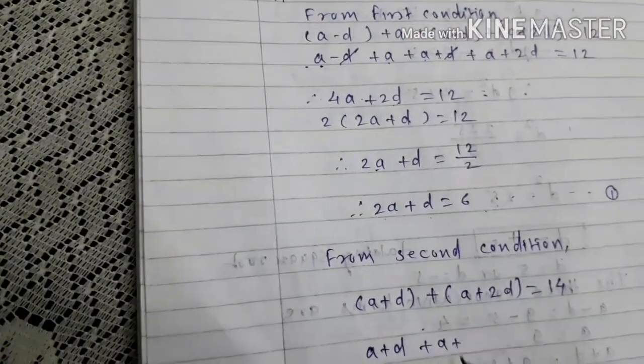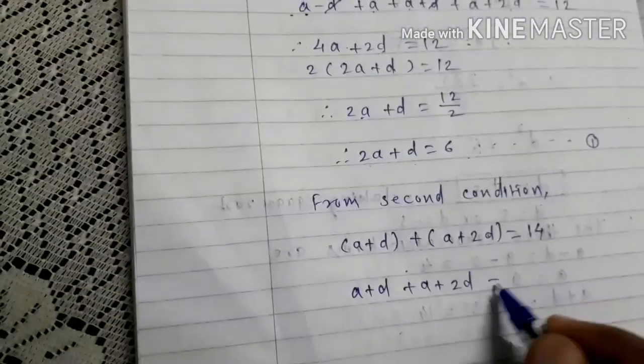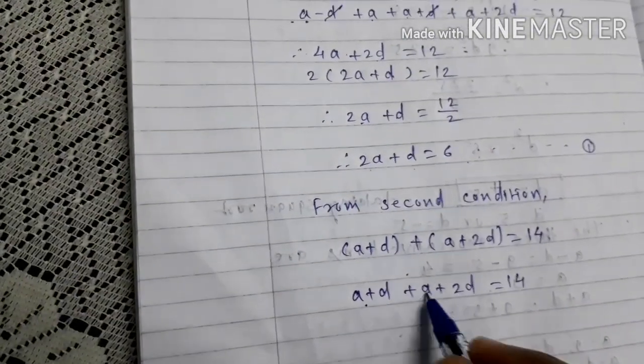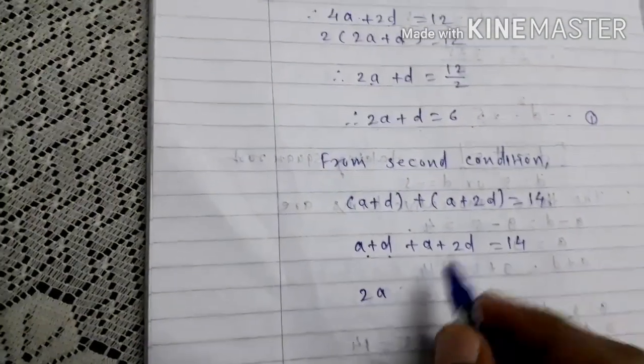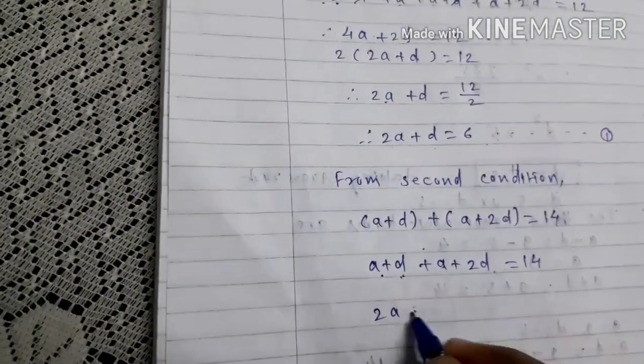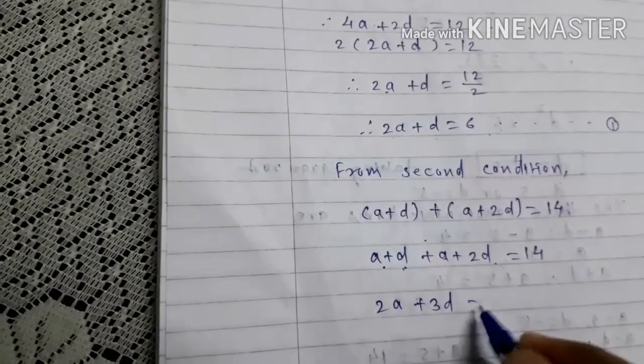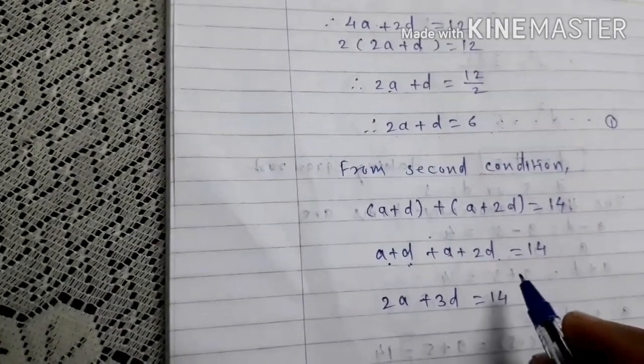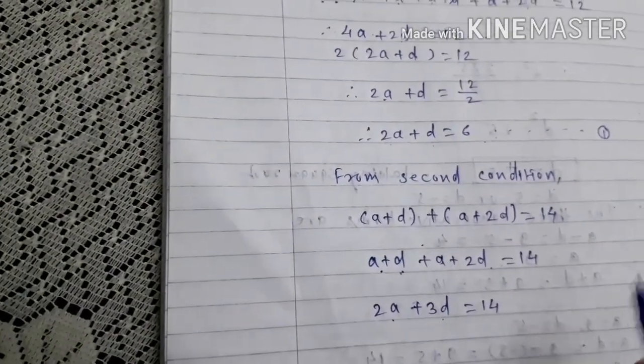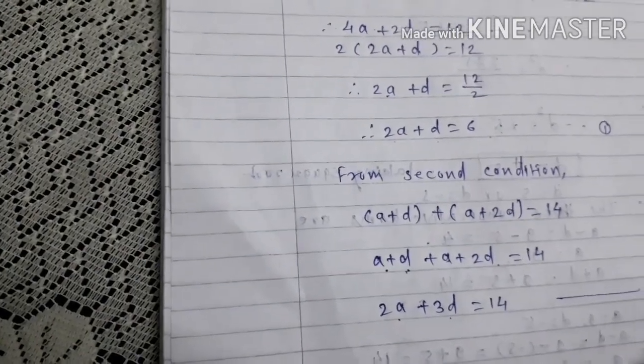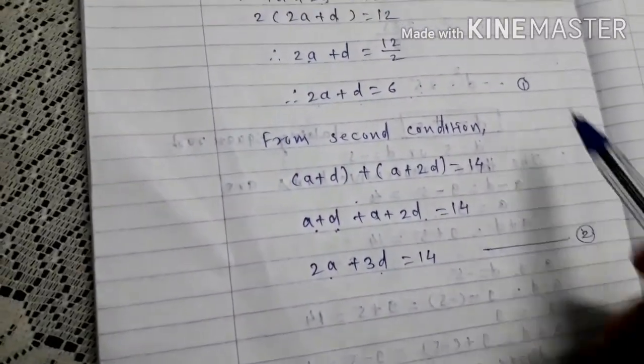A plus a is 2a, a plus 3d, sorry, d plus 2d is 3d, is equal to 14. So 2a plus 3d is equal to 14. Equation 2. See here, equation 1, equation 2.